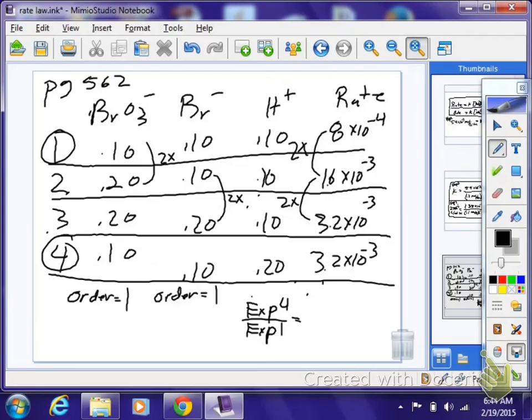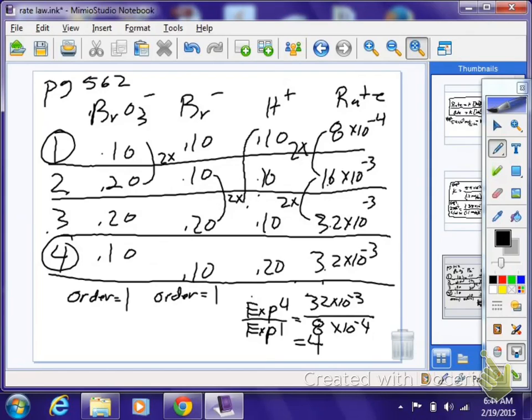When we compare those two and their rates, then we're going to take 3.2 times 10 to the minus third. And we're going to divide by 8 times 10 to the minus fourth. When we do that, we're going to get a number that is equal to 4. So the rate goes up 4 times when we look at the concentration change.